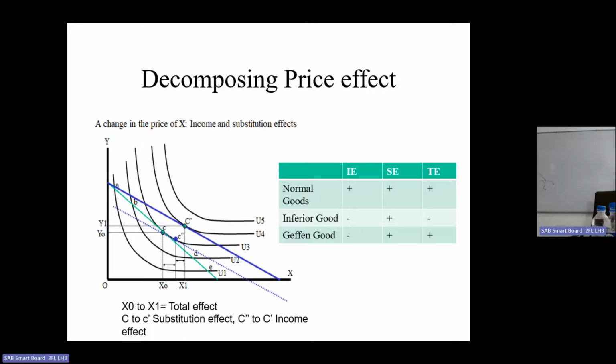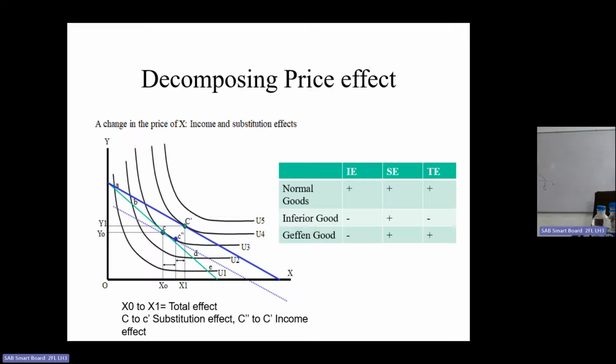When there is a reduction in the income level, we move from X1 to X2. The movement from X2 to X1 is due to the income effect. So C double prime to C1 explains the income effect.